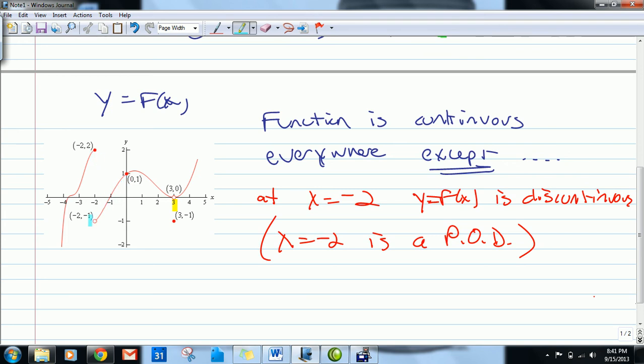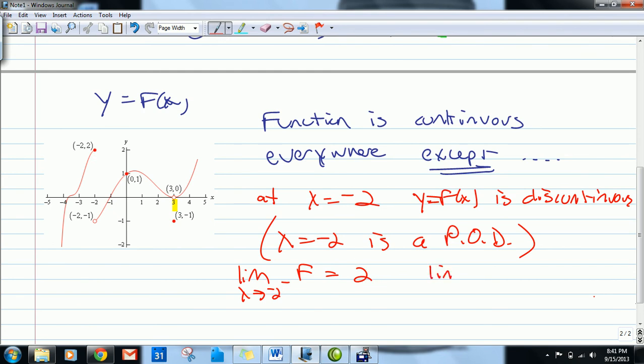Uh-oh. So what's the problem with the limit? That's right. We have inconsistent left and right hand limits. The limit as x is approaching -2 from the left of our function is 2. That's correct.